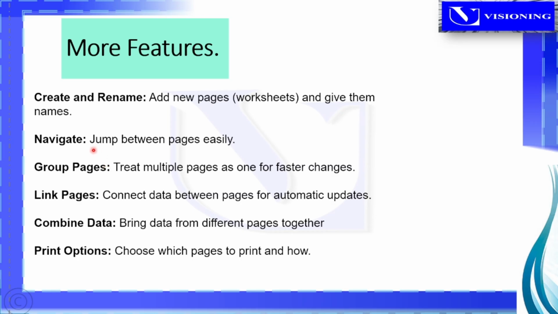And also navigation, whereby you jump between pages, and grouping of pages, where you treat multiple pages as one for fast changes, and you can also link pages. You can connect data between pages for automatic updates, and also combine data, bringing data from different pages together, and also the print option, choosing which page to print and how. All these features are in Excel and we will explore more on them.